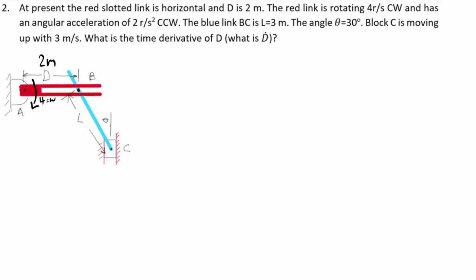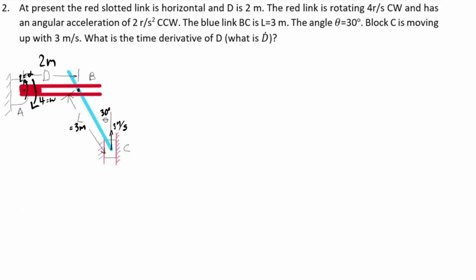And then it is also going the other direction at 2, and that is the acceleration. Cool. So the blue link is 3 meters, so this is 3. The angle is 30 degrees, so let's say this is 30. Block C is moving up at 3 meters per second. Okay. Sure.